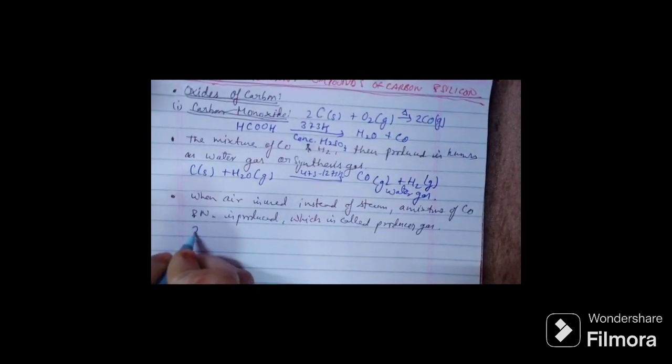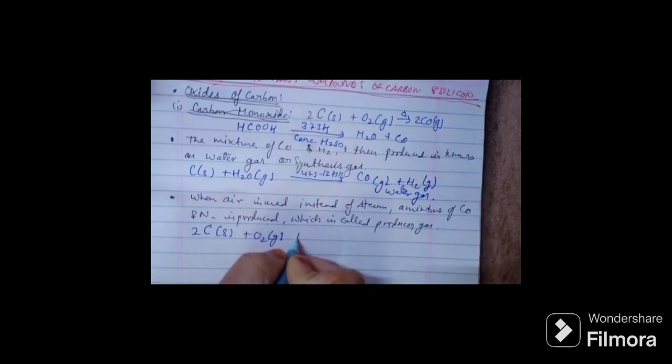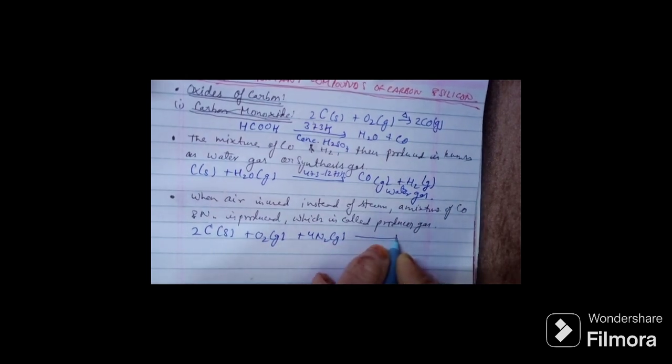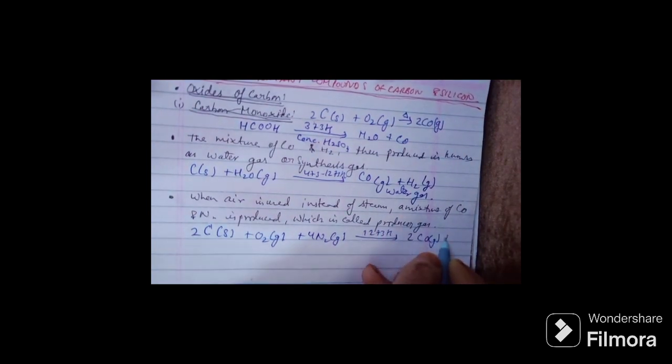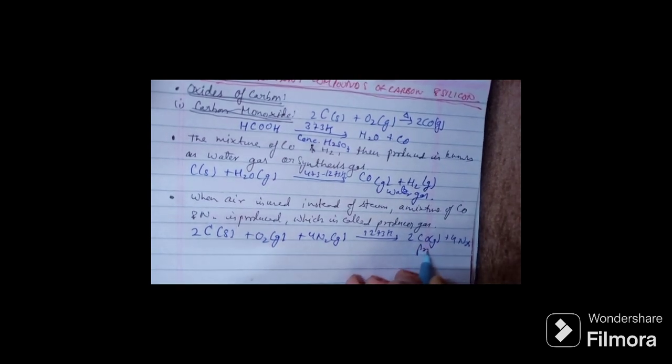That is 2 C plus O2 gas plus 4 N2, at 1273 Kelvin, gives 2 carbon monoxide gas plus 4 N2 gas. This is known as producer gas.